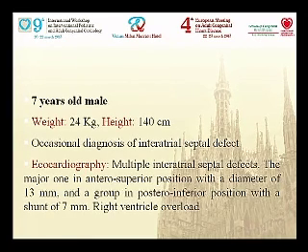At the echo, we had a multiple interatrial septal defect, the major one in anterosuperior position, with a diameter of about 11-12 millimeters, and a couple of interatrial shunts in inferior position, with a compressive shunt of about 8 millimeters.